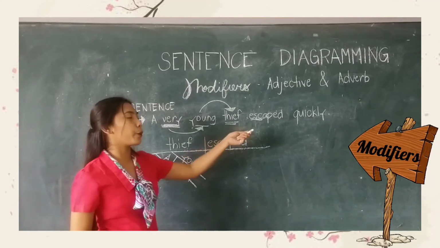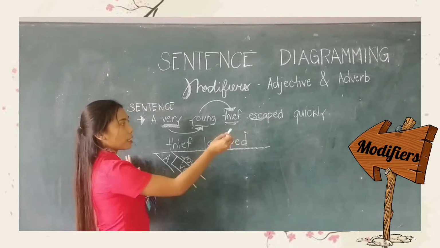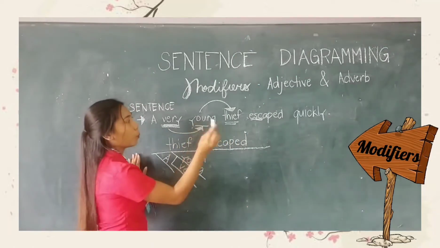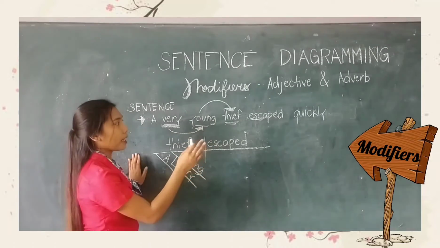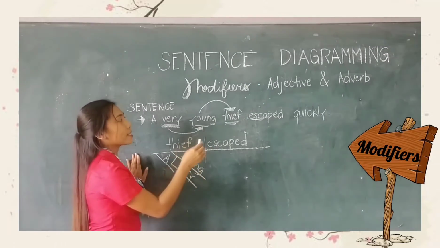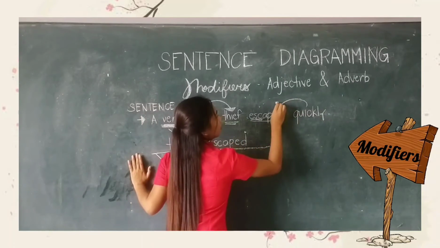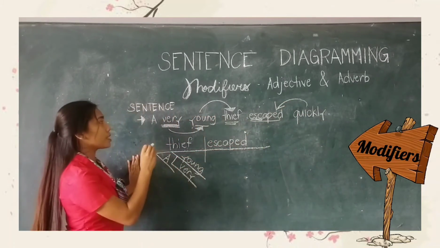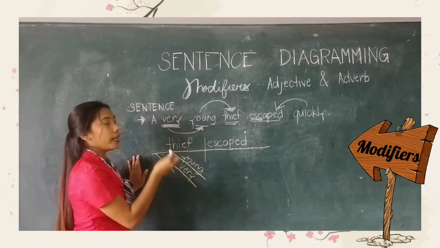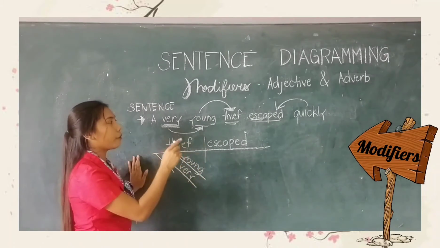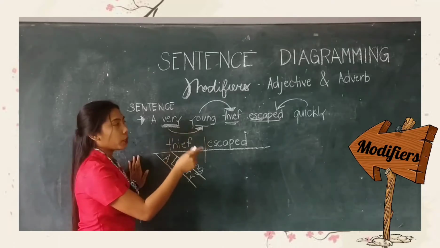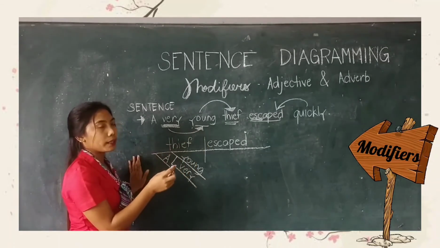So, we have another word, the last word, which is the word quickly. Quickly, of course, is an adverb. Why? Because it modifies the word escape. How does the young thief escape? He escaped quickly. Therefore, we have to write the word quickly under the word it modifies.